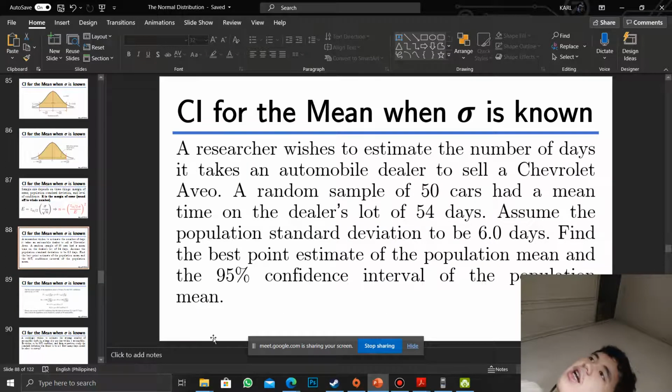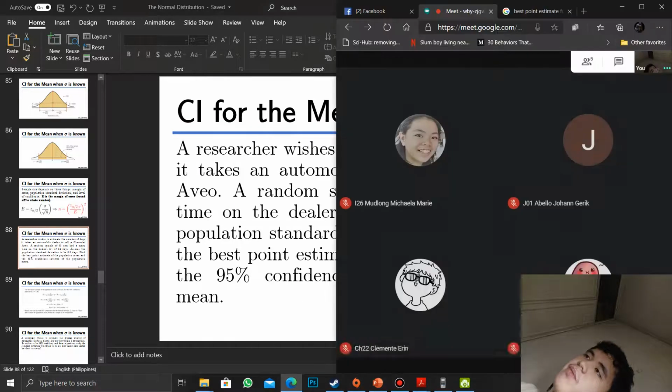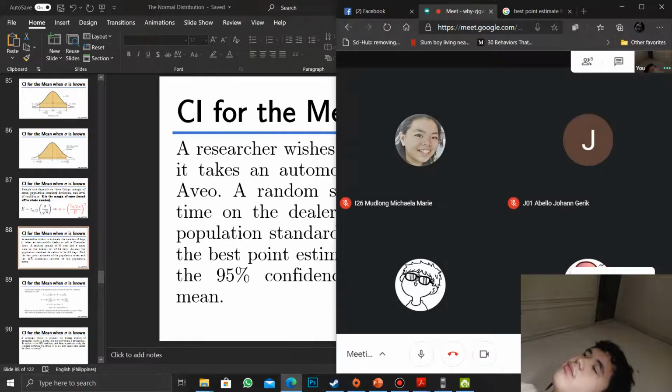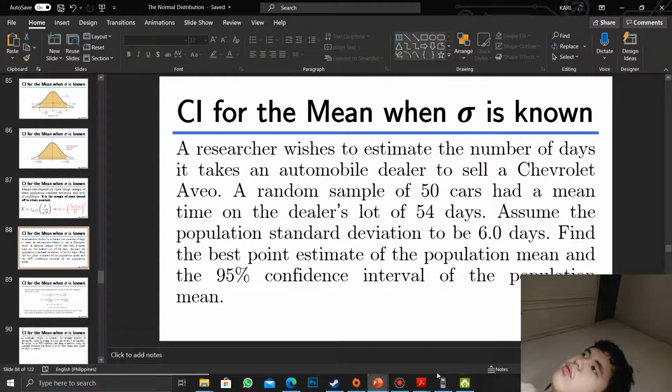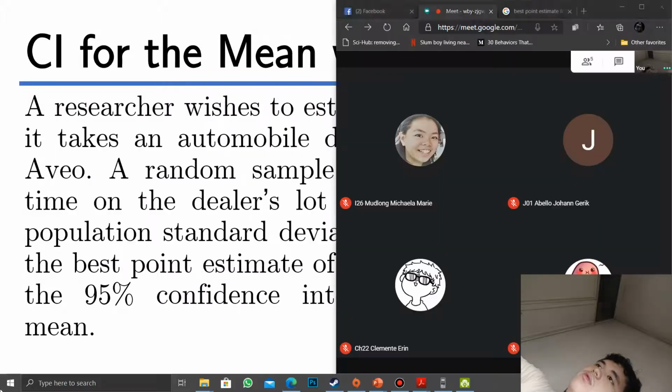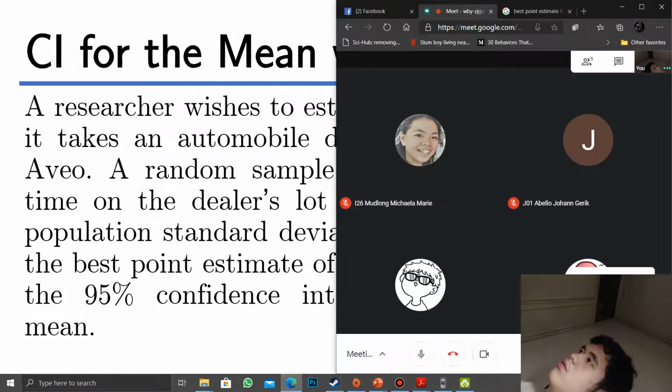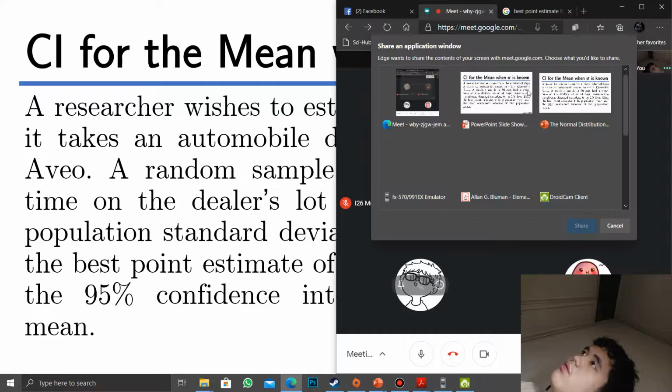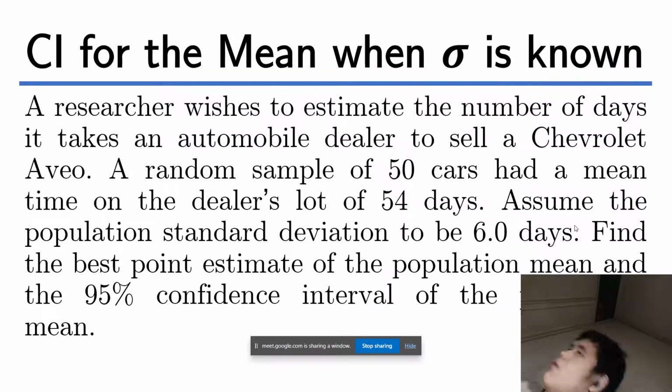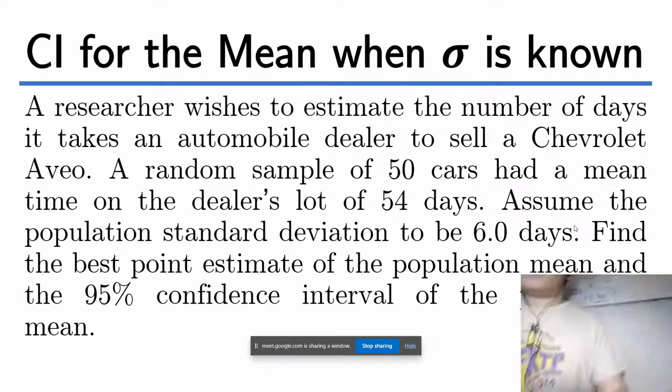So, sige, look at this. Wait lang, let me fix my presentation. Tatlo lang yung Z value natin.